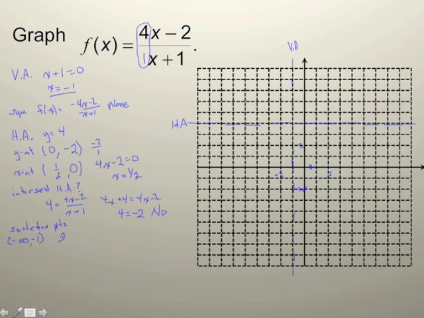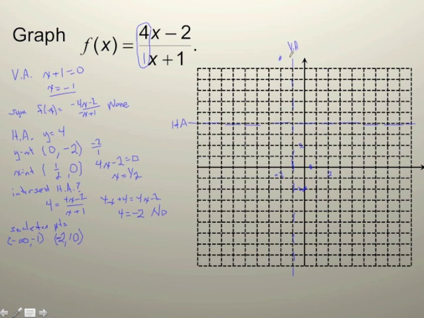So let's say I pick negative 2. I fill in negative 2 in the expression. I'll have negative 8 minus 2, so that's negative 10, over negative 2 plus 1, that's negative 1. I end up with negative 2, 10. And that point would be right here.